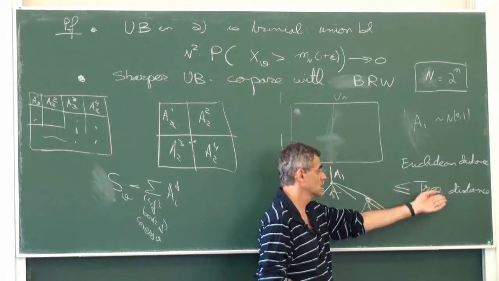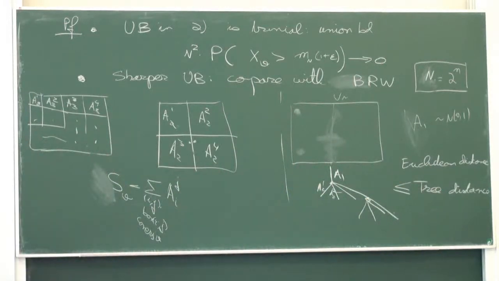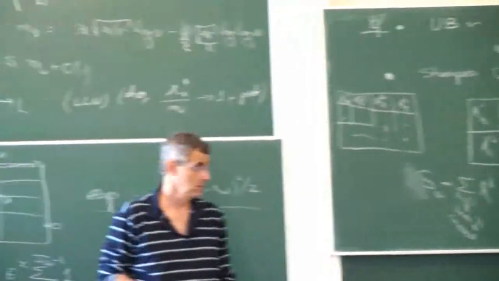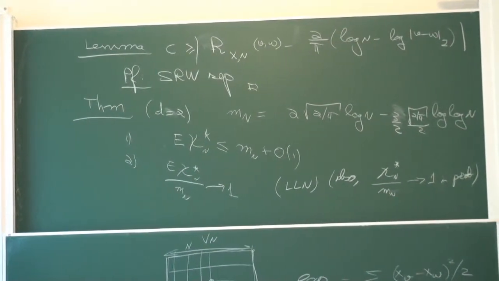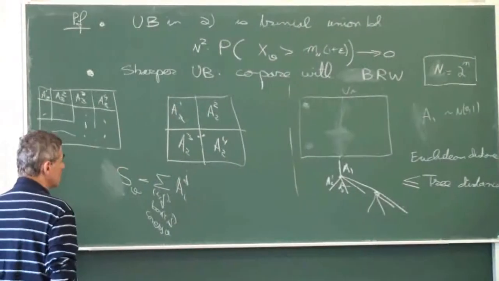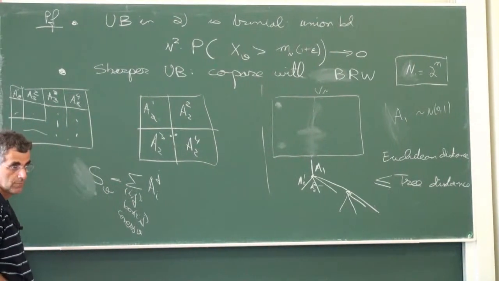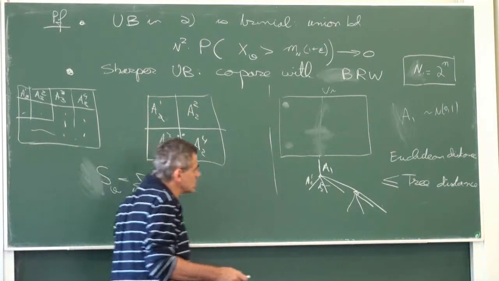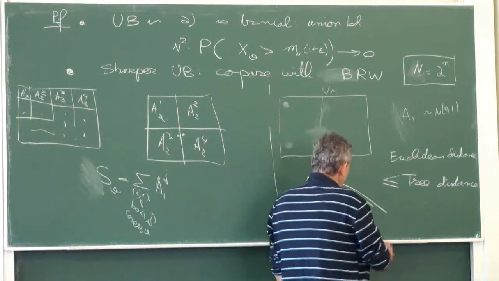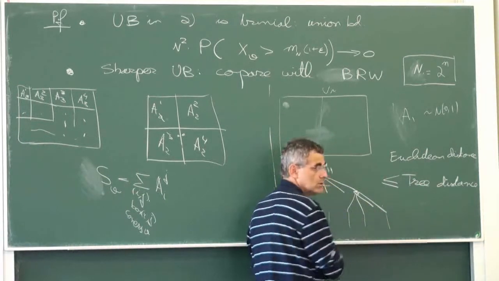The tree distance is larger than the Euclidean distance, which means that we have a direct comparison of covariances. The covariance of this field is dominating the covariance of the GFF, up to a constant, but this constant I can always fix by adding one more level, one more child to the bottom layer.